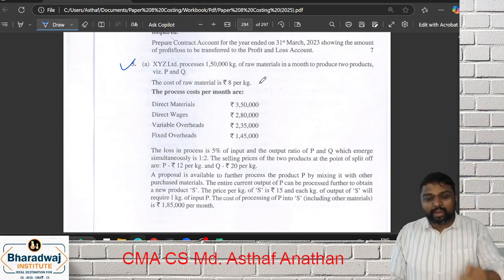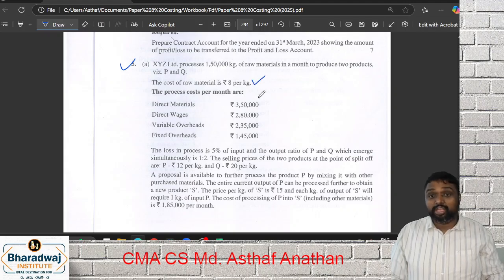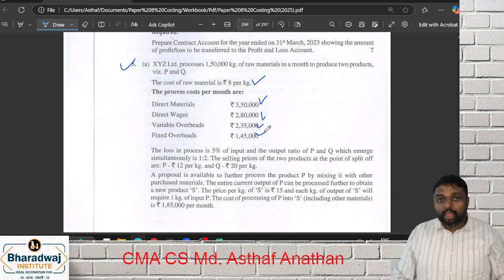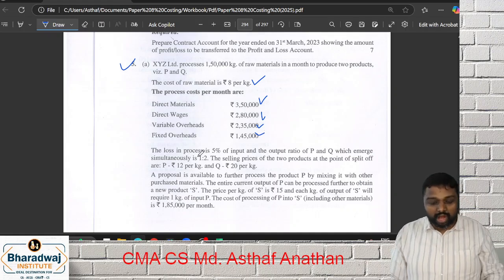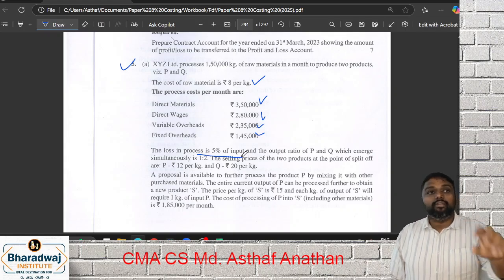They gave the cost breakup. Material cost 8 per kg, then other processing cost: direct material, direct wage, variable overhead, fixed overhead. So they gave it directly. The loss in process is what? 5% of input. So what is your input? In that, 5% is what? Loss.